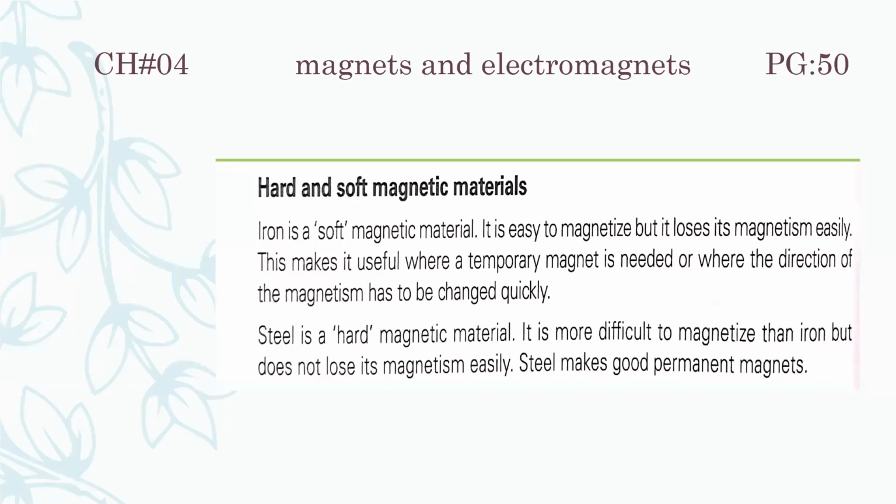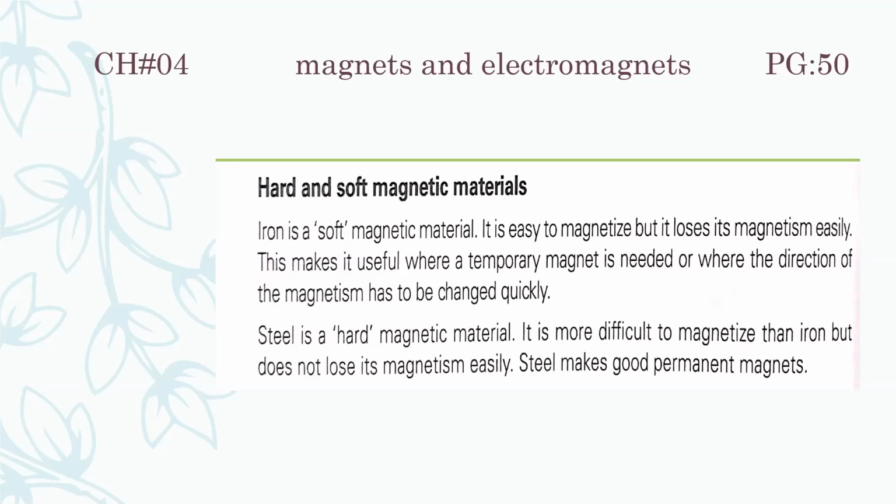So we will use soft magnetic material like iron in those places where we need the magnetic characteristic for a very short time, and where the direction of the magnetism has to be changed quickly. So we should use soft iron or soft magnetic material there.